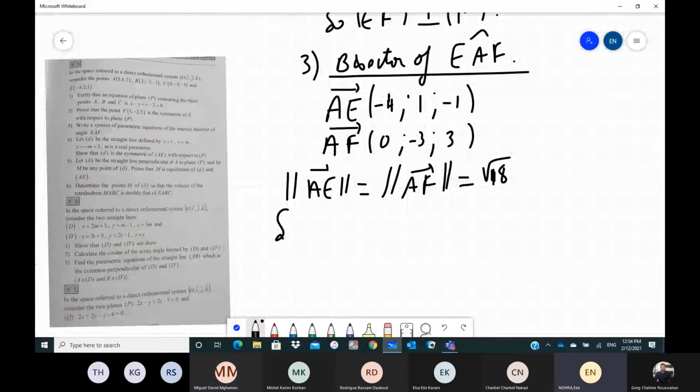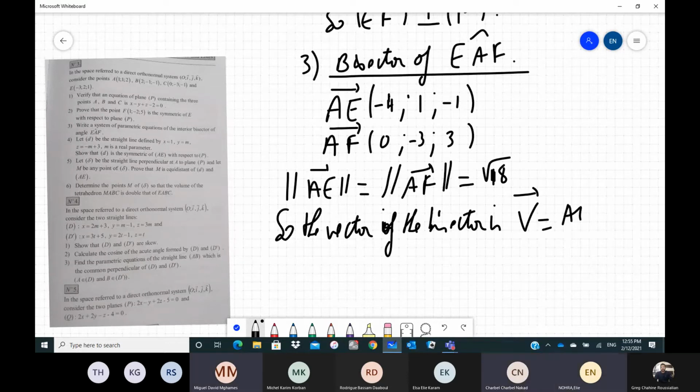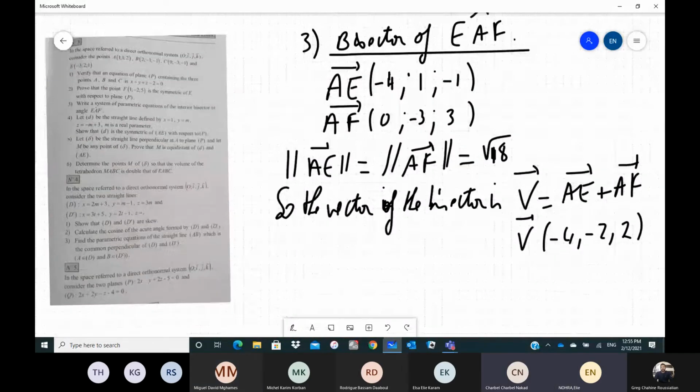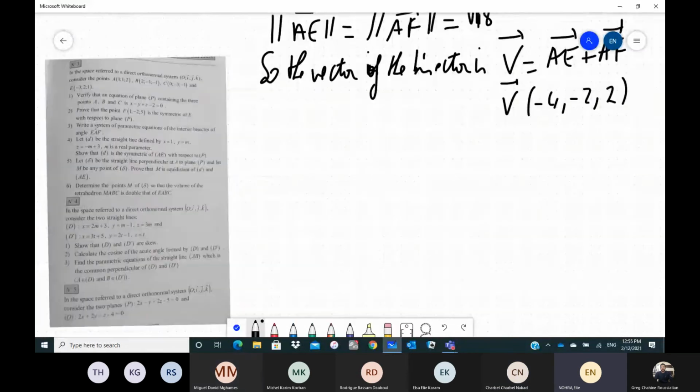معناتها so the vector of the bisector is what? The vector of the bisector then it is minus 4, minus 2, 2. مظبوط guys؟ So لكن bisector is what?